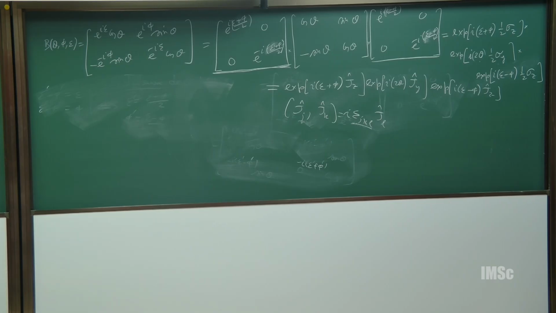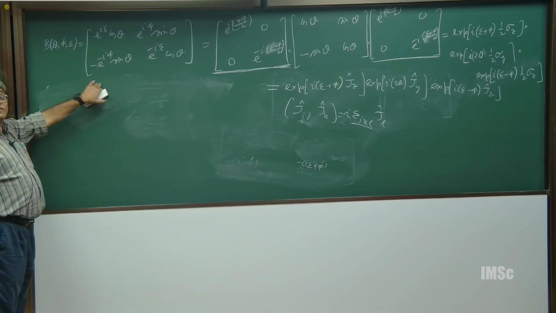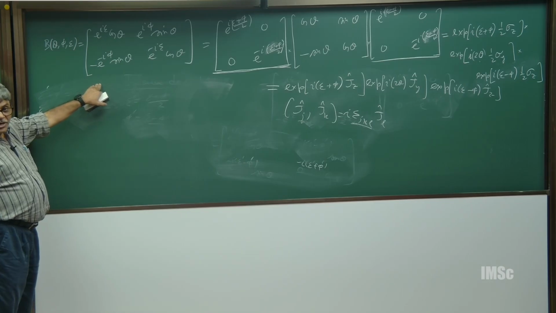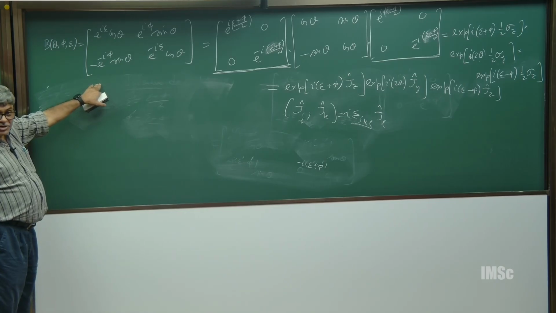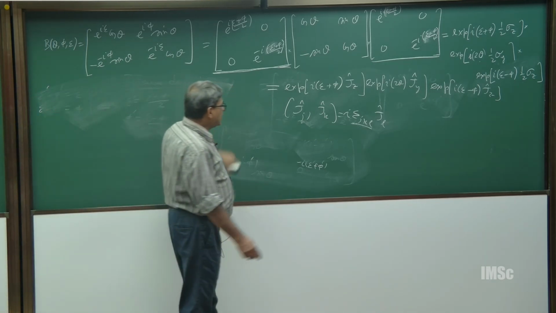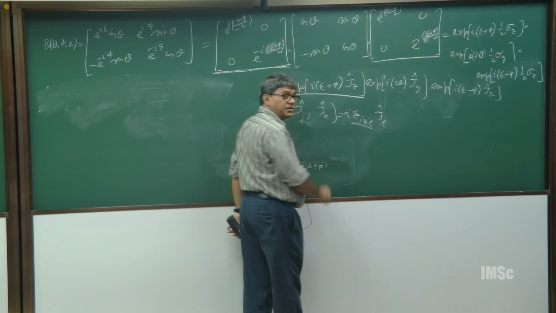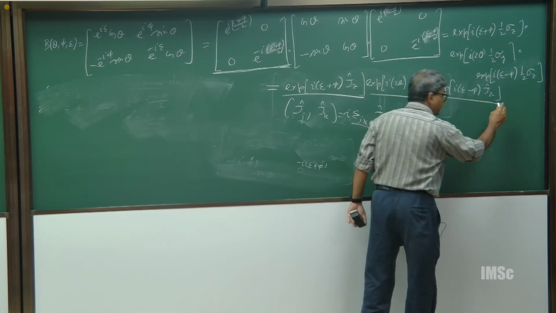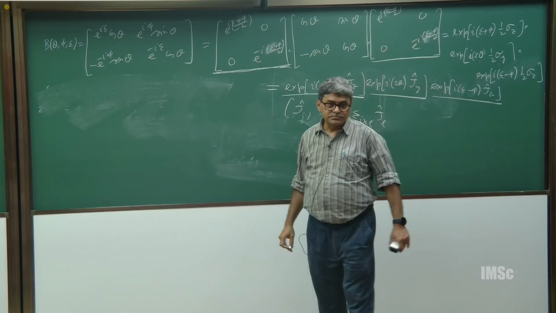What I am talking about is the unitary representation of this unitary matrix, which should equal the unitary representation of this one times that of this one times that of this one, in the infinite dimension.